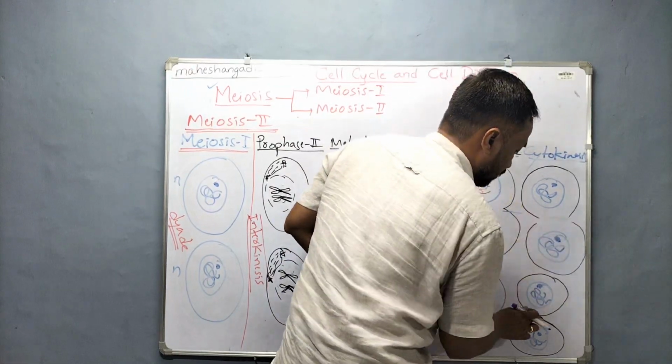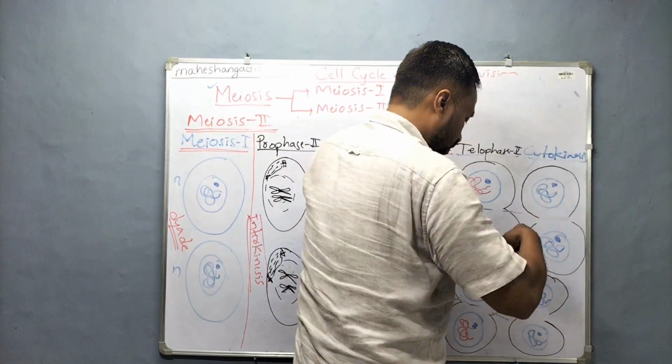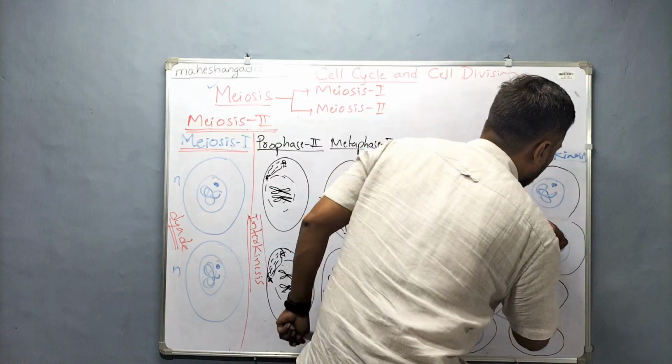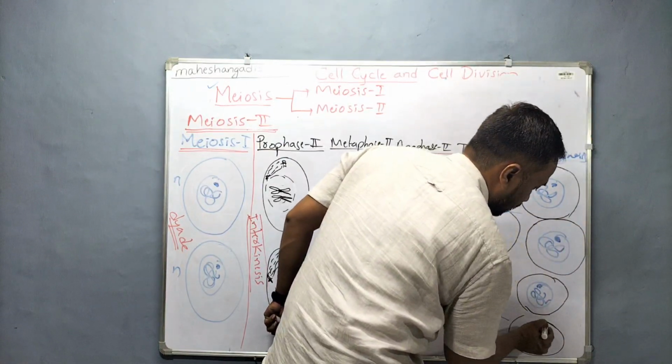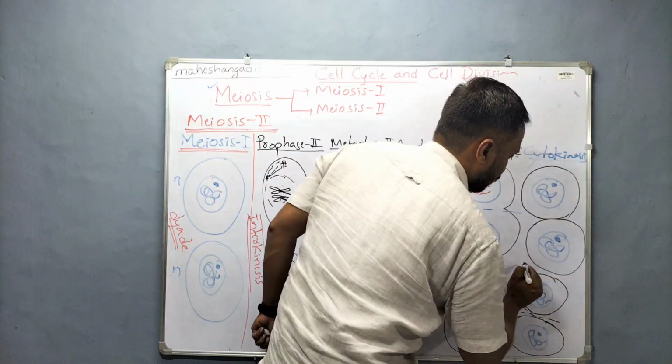This is how the daughter cells get separated by the end of cytokinesis.